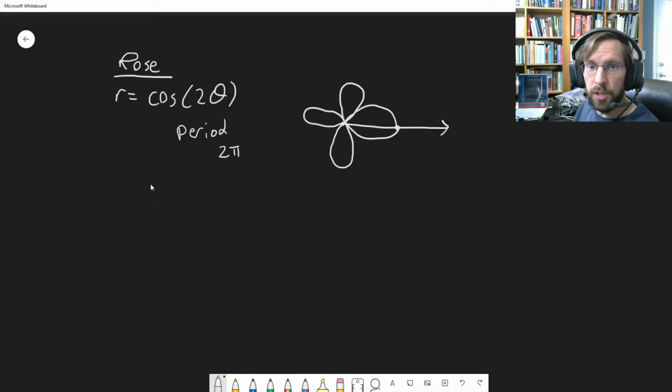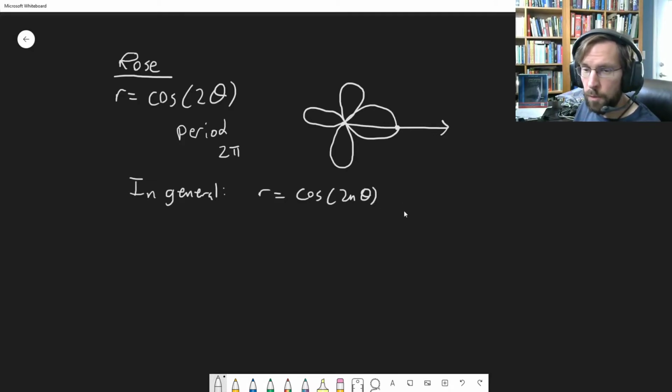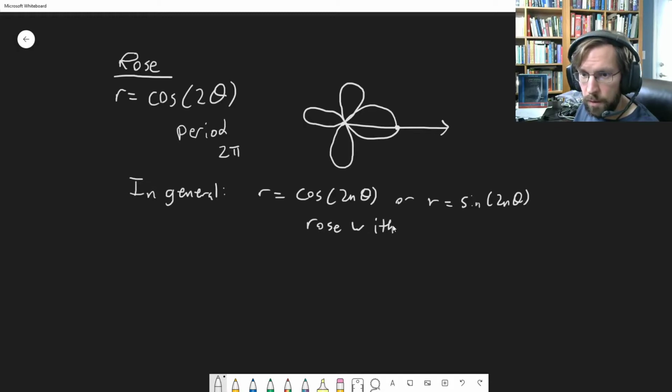Okay, so in general, if we have r equals cosine of an even multiple of theta, or r equals sine 2n theta, this is a rose with 4n petals.